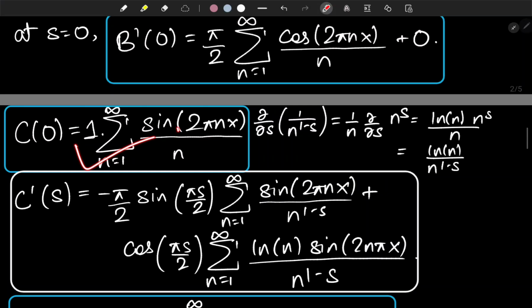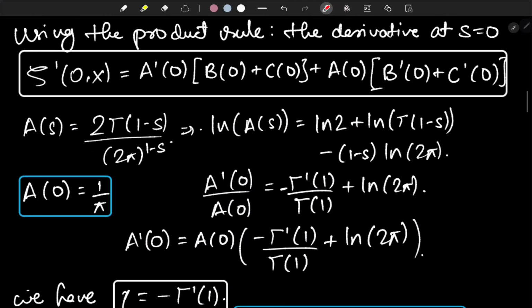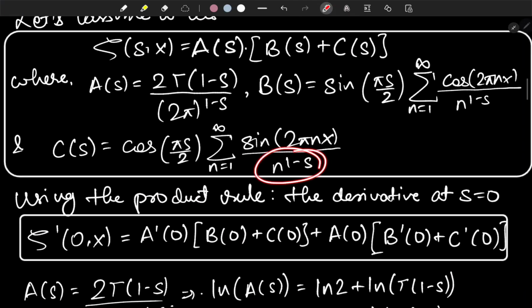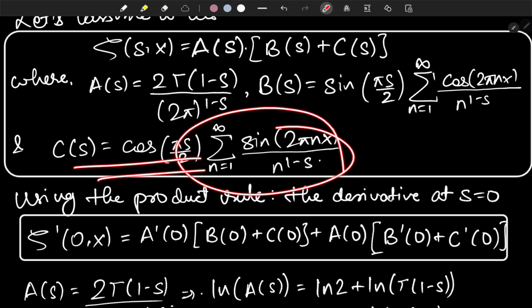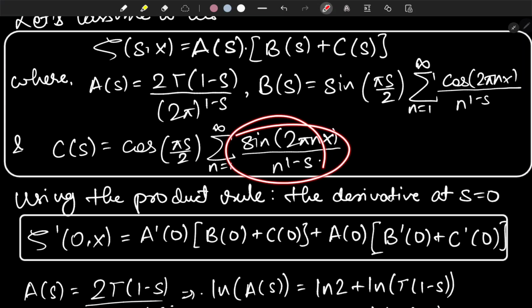So here you have c of 0, and now if we talk about the derivative of 1 over n to the 1 minus s, we have to take care of this term, because it is not going to vanish when you take the derivative. So we have to take the derivative of this as well.